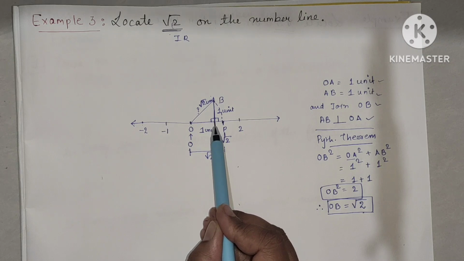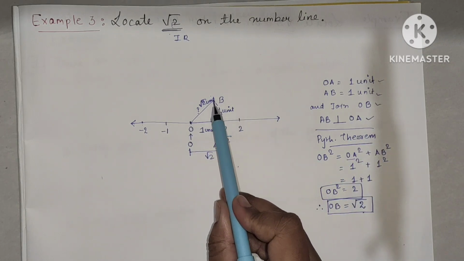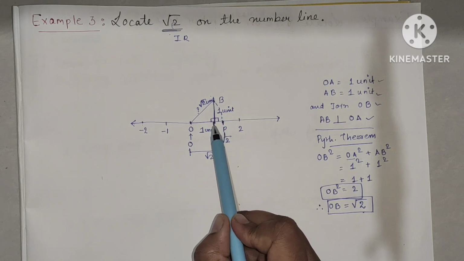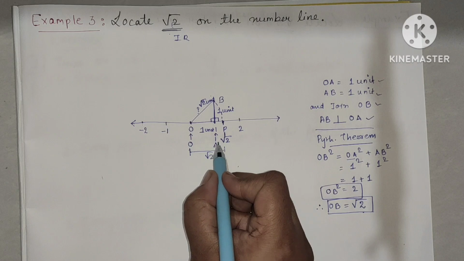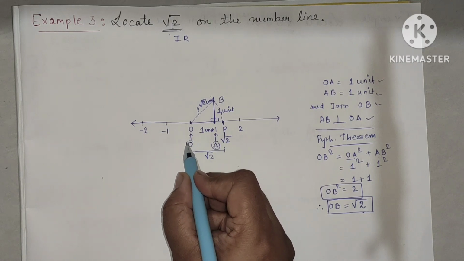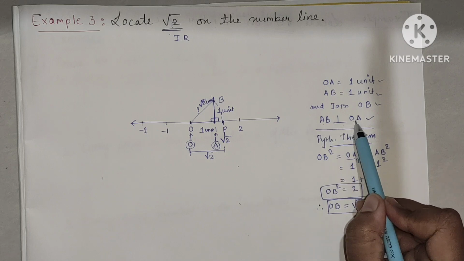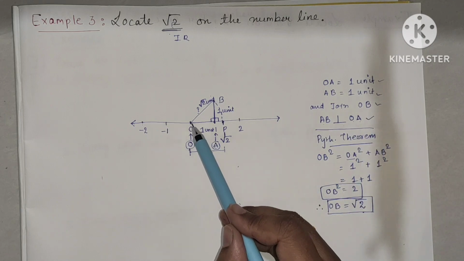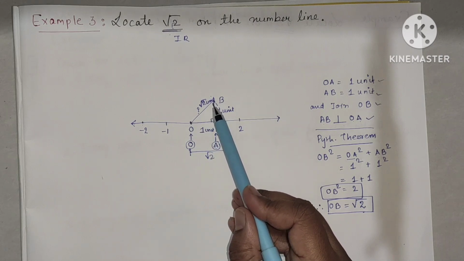This is 1 unit. Now you are going to draw a line perpendicular, which is of 1 unit, to the point A. Therefore AB is perpendicular to OA, and then you are going to join OB.